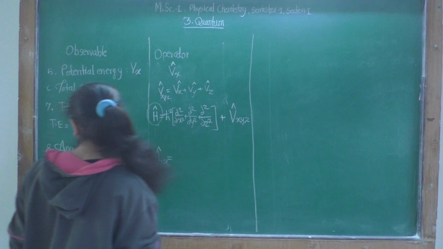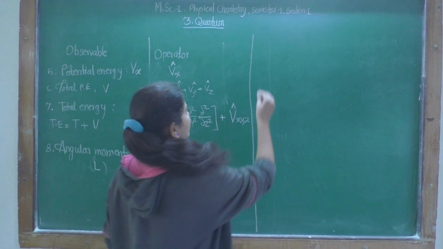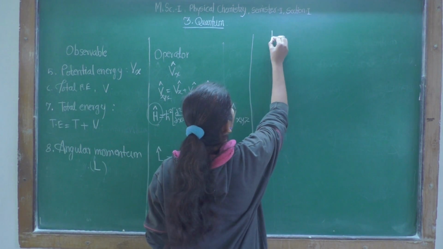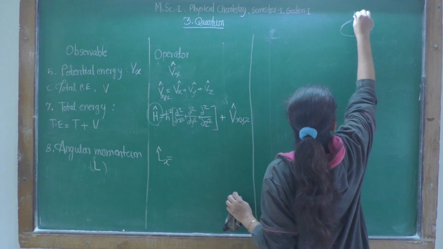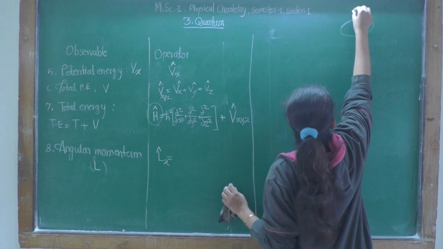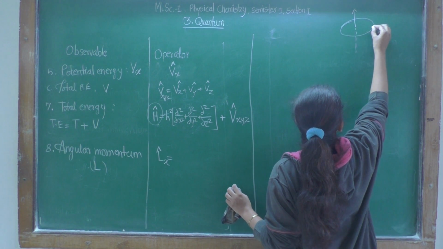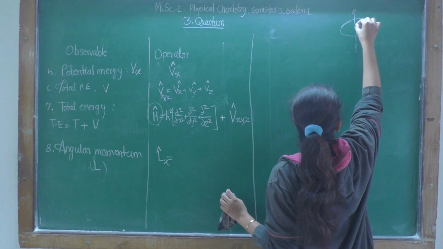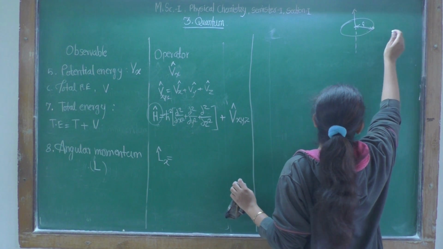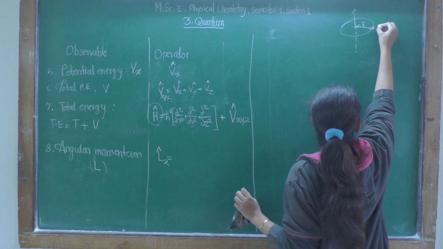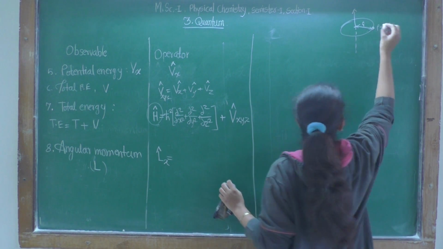If a particle is moving in such a way, this is r, the distance, and p is the linear momentum, mv, of this particle.